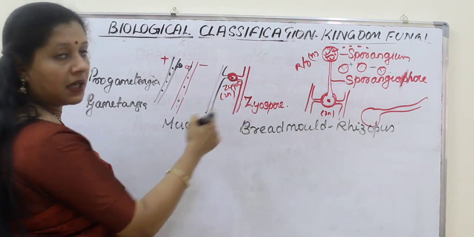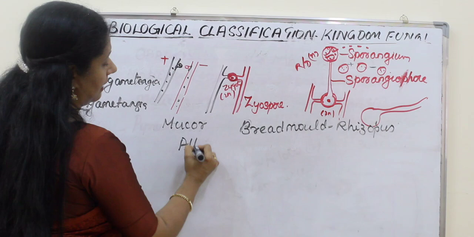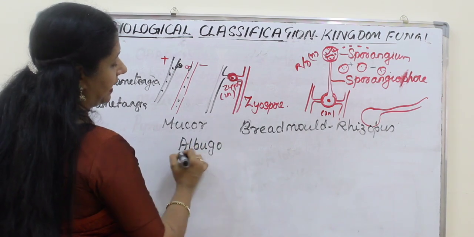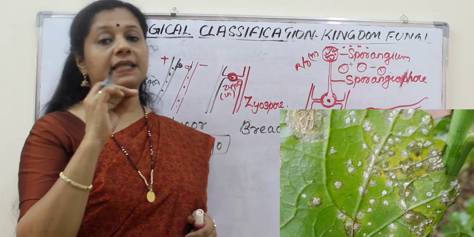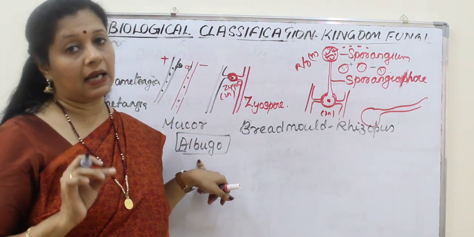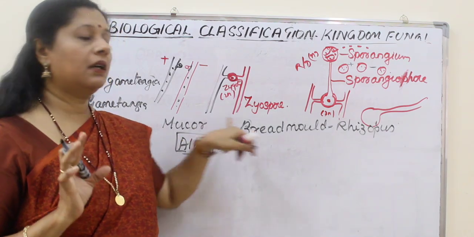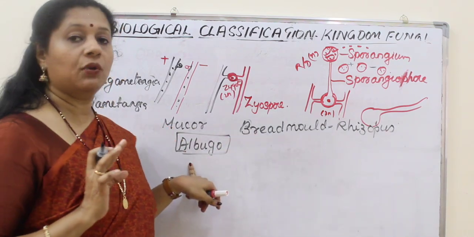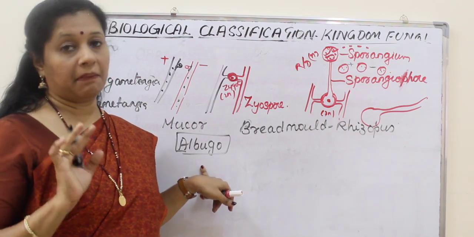Another filamentous fungus like this is Mucor, or we have another one, Albugo. Albugo is a parasitic fungus on mustard plants. On the leaves of mustard you may see white patches. Those are due to infection by a fungus called Albugo. So the examples in each class are very important. Mucor, Rhizopus and Albugo. Rhizopus is the bread mold, Albugo is the plant parasite.